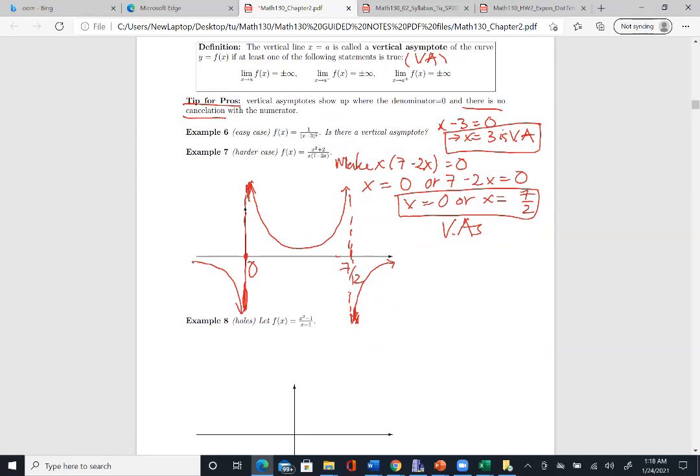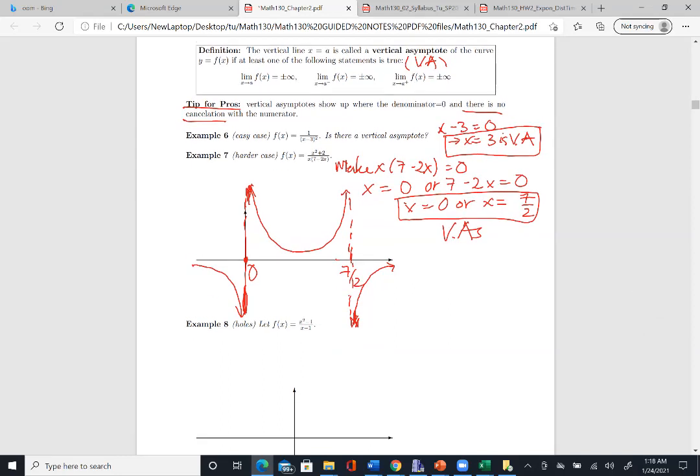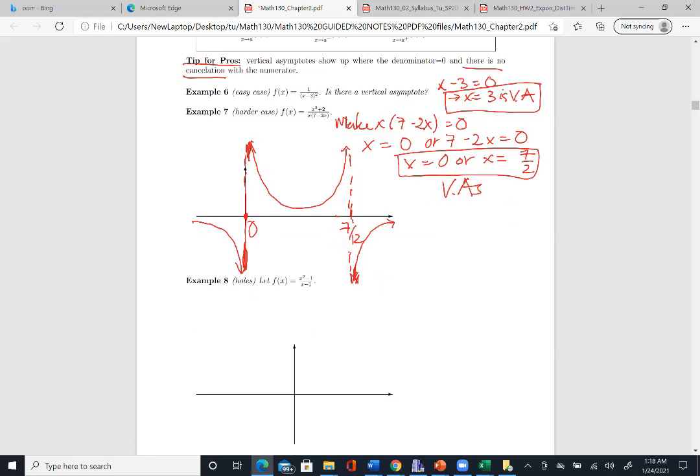So number 8, let's talk about the holes. As I stated before, make sure there's no common factor between top and bottom.